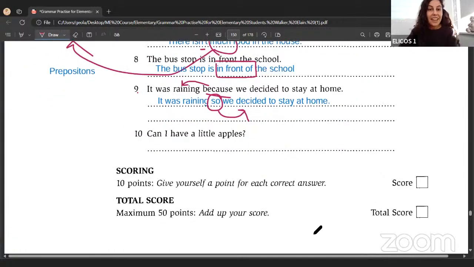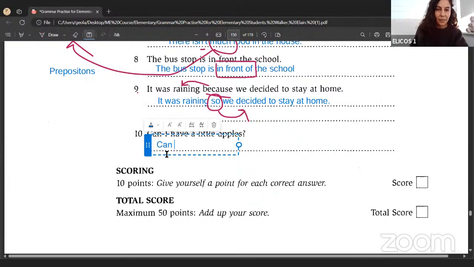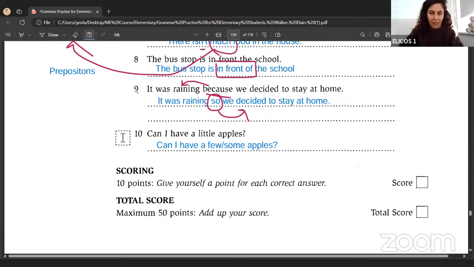Okay. And the last one, can I have a little apples? Few. Perfect. Can I have a few apples? Can I have some? You could use some. Can I have some apples? Can I have a little? So we know not a little, because that's for singular.